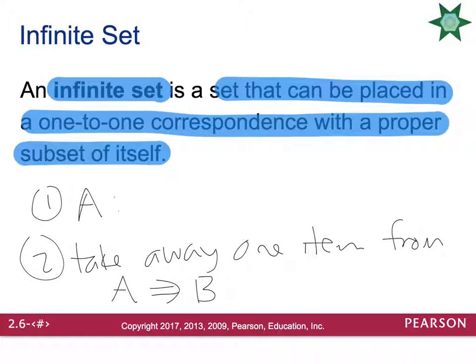Okay. And then we want to look at a one-to-one correspondence between B and A. And that's how we can show that A is an infinite set.